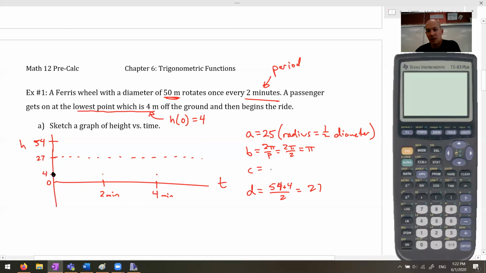There are a couple of ways we could do this, but I'm going to say C equals 0. I'm going to say no phase shift if cosine is used. Remember, you could use sine or cosine, but I'm going to use cosine because we're starting at our lowest point.